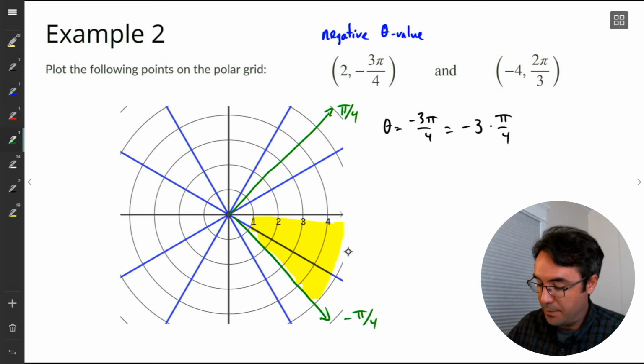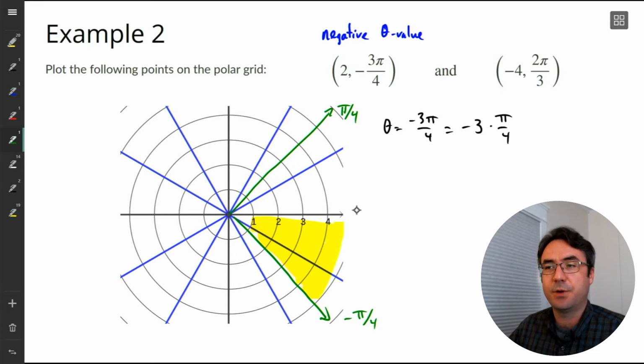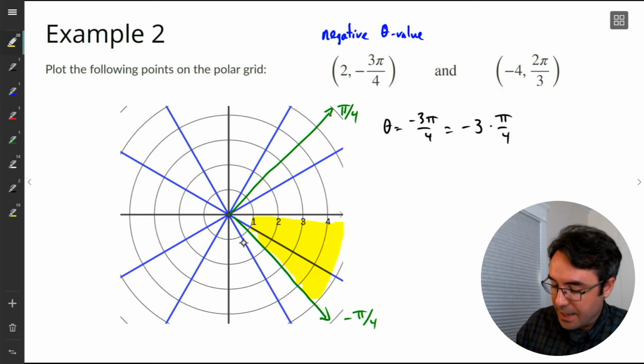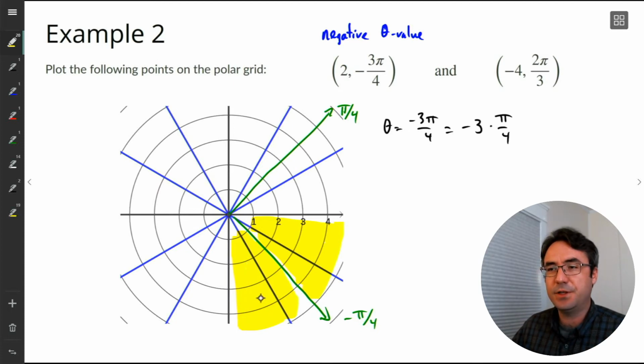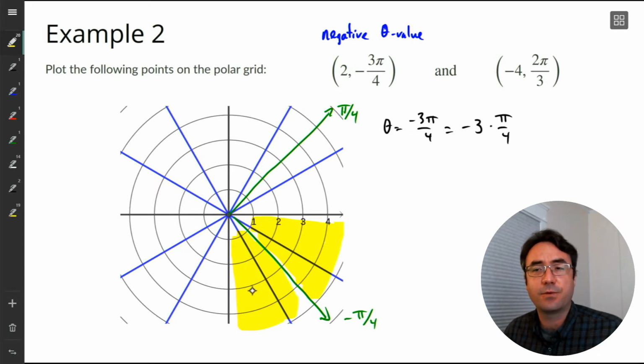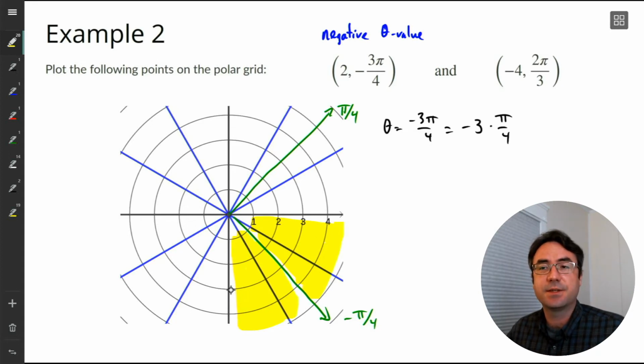So we've done a pi over 4 rotation, but we've gone in the negative direction. So we just want to do that 2 more times. So we want 3 in total. If we did it again, that would give us this wedge right here. So we have 2 of these pi over 4 wedges going clockwise.